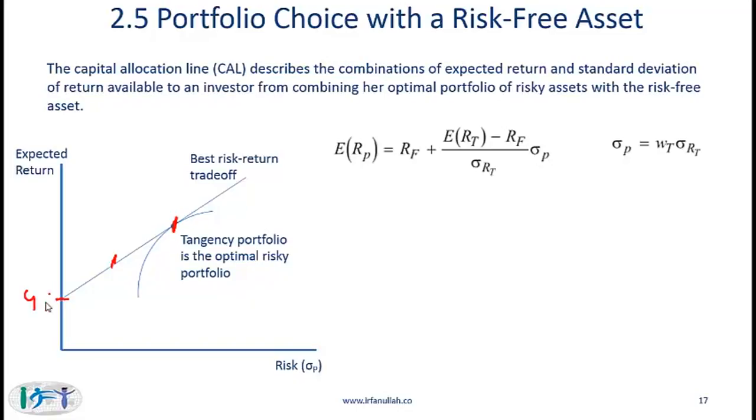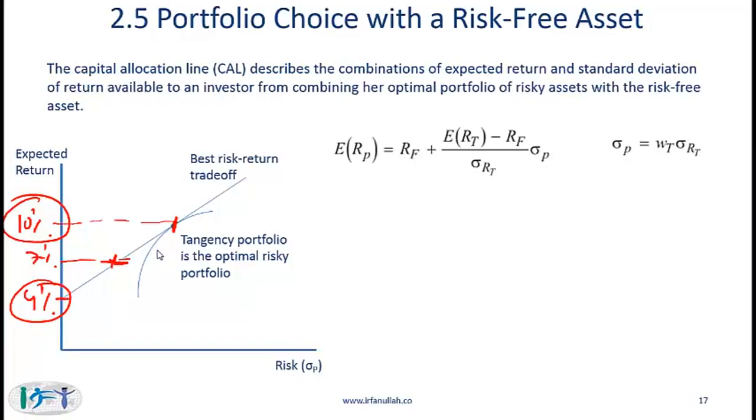So if your risk-free asset has a return of 4% and your tangency portfolio has a return of, let's say, 10%, then what is the return of a portfolio that is 50% here and 50% here? It would simply be 7%. As you add more of the tangency portfolio, then the expected return of the combined portfolio will be higher. So that is fairly straightforward.